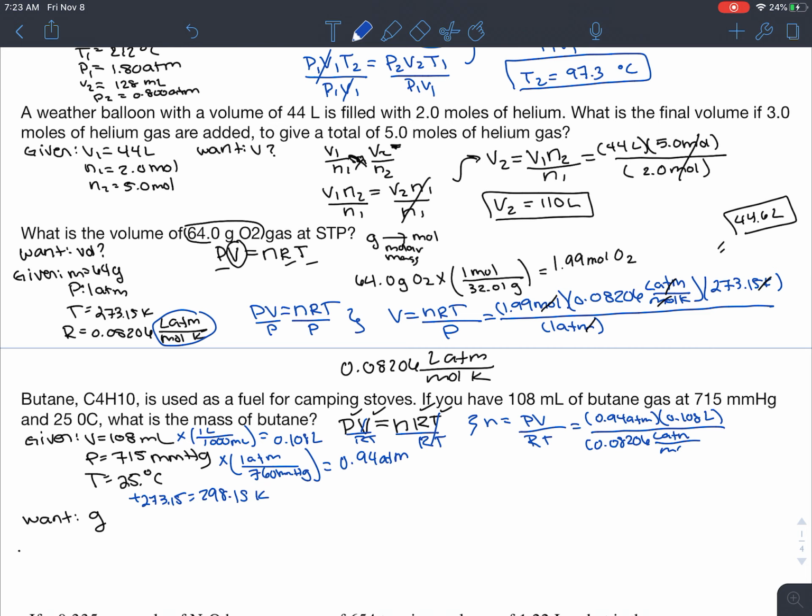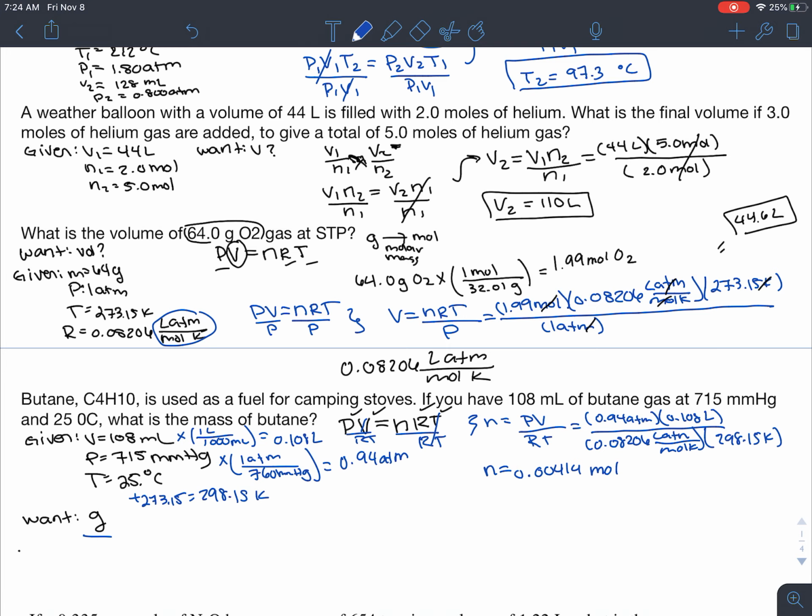Divide that by 0.08206 liters atmospheres per mole Kelvin, and T, which was 298.15 Kelvin. Then n is equal to 0.00414.